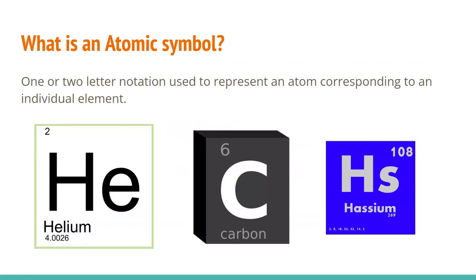It is a one or two letter notation used to represent an atom corresponding to an individual element. If we look at lead, Pb is the atomic symbol. Bromine is Br. Hydrogen is H, fluorine is F, iodine is I, sulfur is S, phosphorus is P. So it is a one or two letter notation.